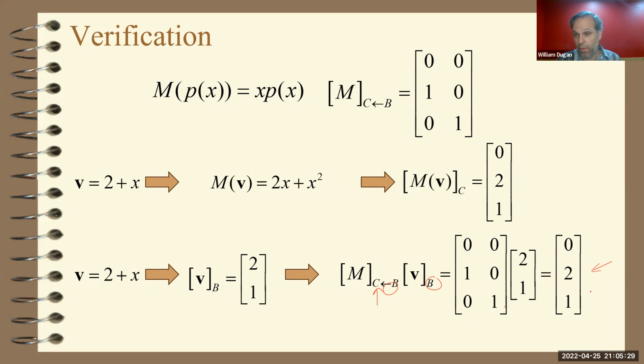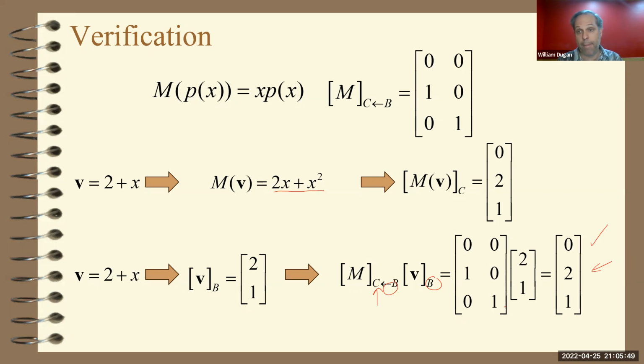Again, remember, this is not the vector. This is just a representation of that vector. These are the coordinates. If you want the vector, you have to write the corresponding linear combination using those coordinates for the basis C. So M of v is still the same vector. It's 2x plus x squared.